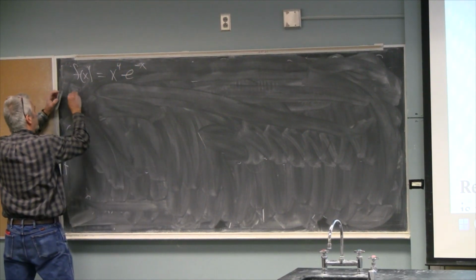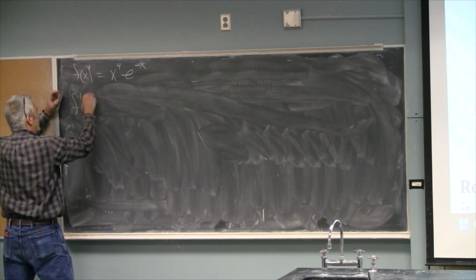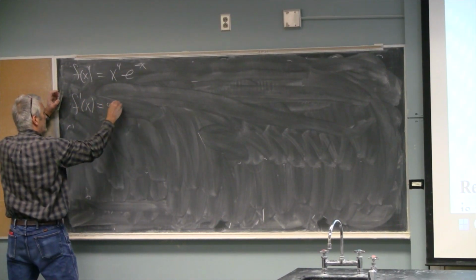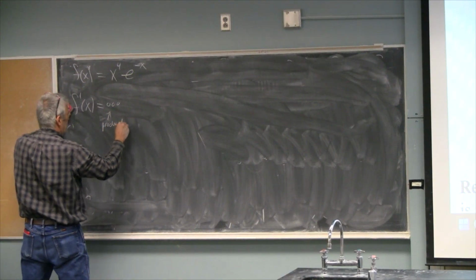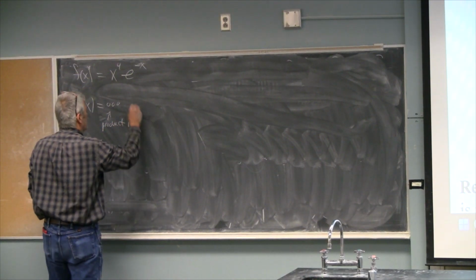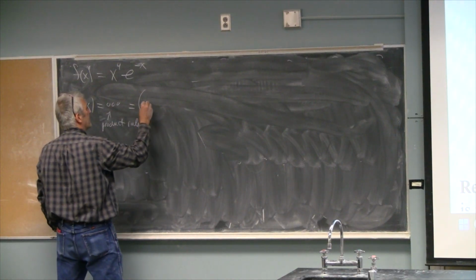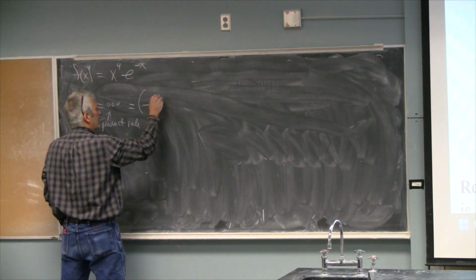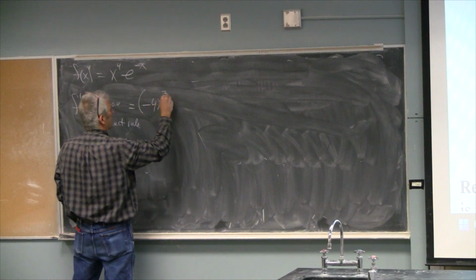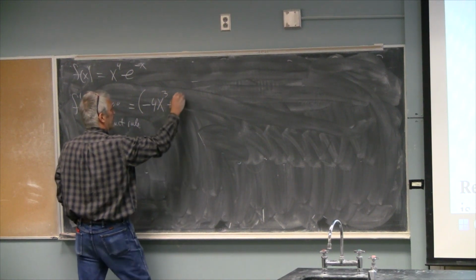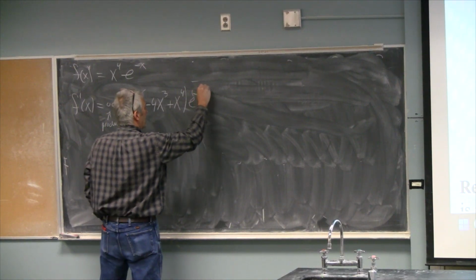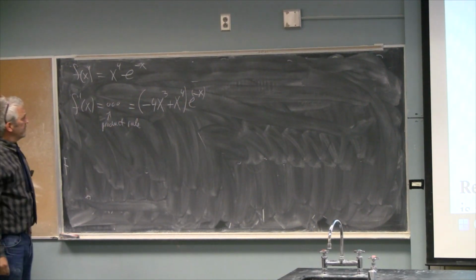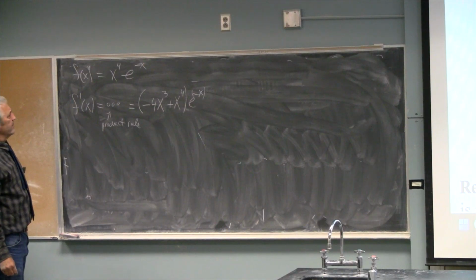So that means for f prime of x, I need to use the product rule. It turns out that I get minus 4x cubed plus x to the fourth, e to the minus x. If I use the product rule and I factor, that's what I get.